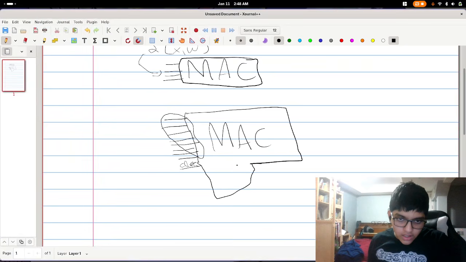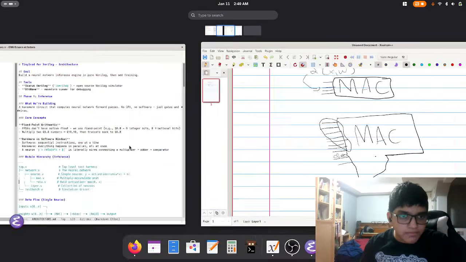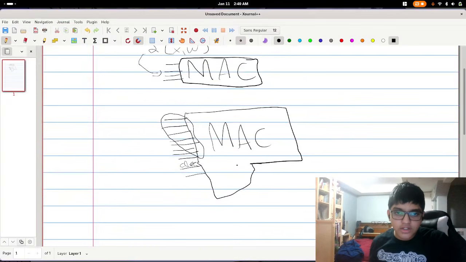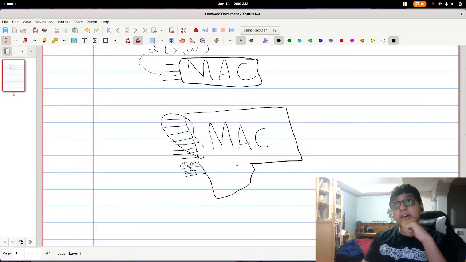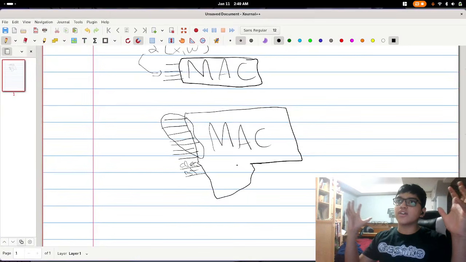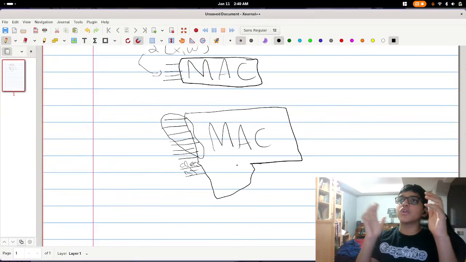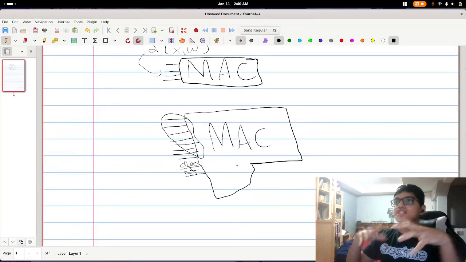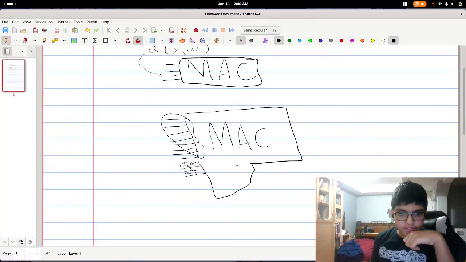Then there's the reset wire, which pretty much does what it says on the tin. If we pass in true, then whatever we've accumulated up to that point will be flushed and we'll start anew with all zeros. And finally, the start wire.